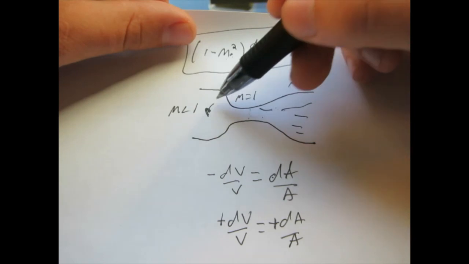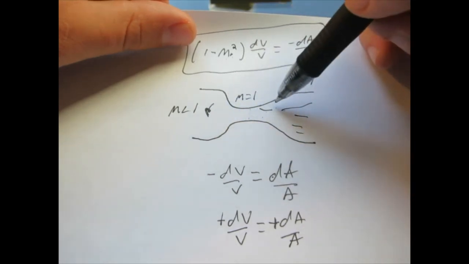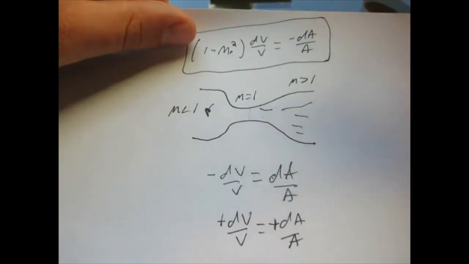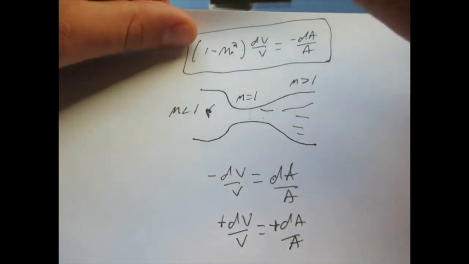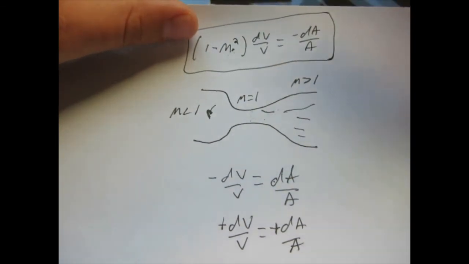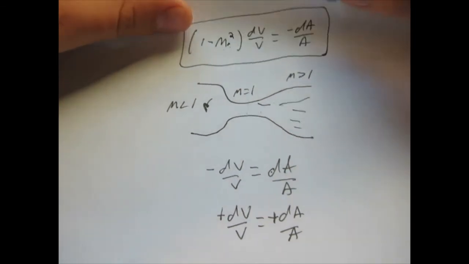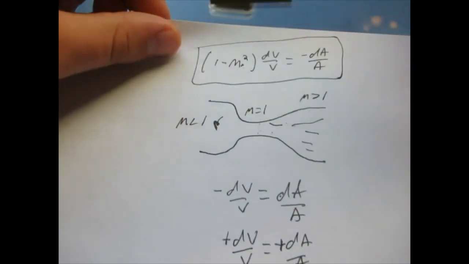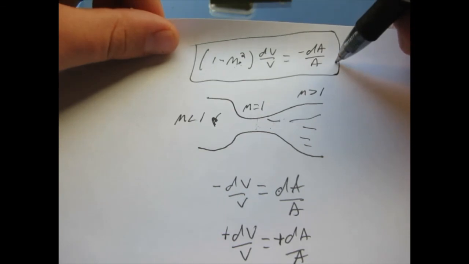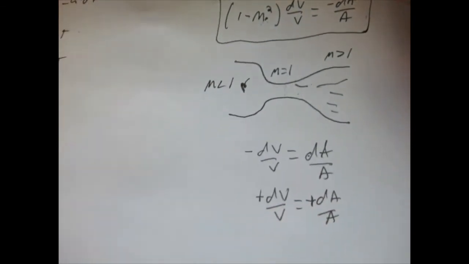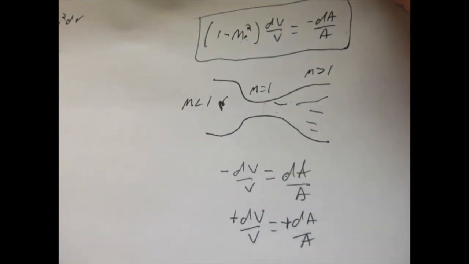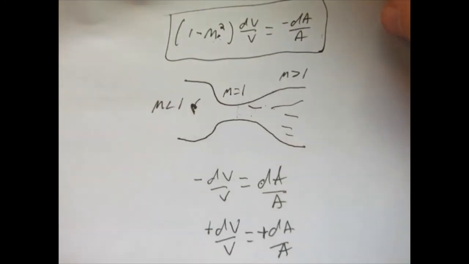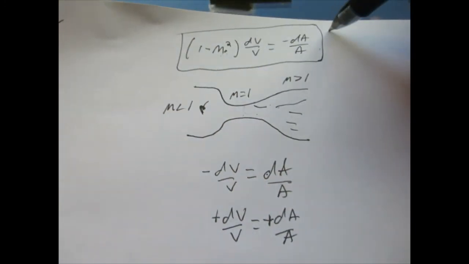Density out here is going to be lower, so as the gas gets out here the density is decreasing and the area is increasing, so to conserve our mass and momentum, our velocity is going to increase at the same time. So that's why we have this important result here, and that's how we derive it. Three pages worth of work, but I tried to do it nice step by step to show you how to get it done.